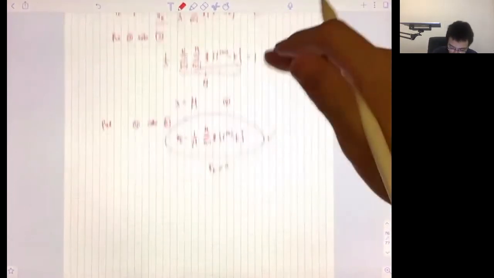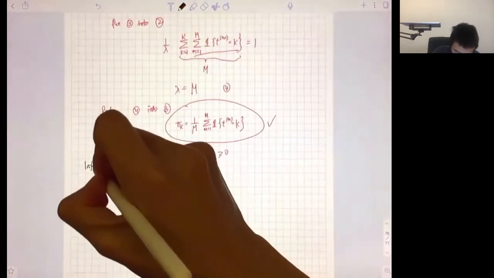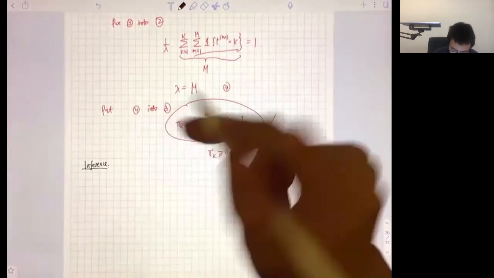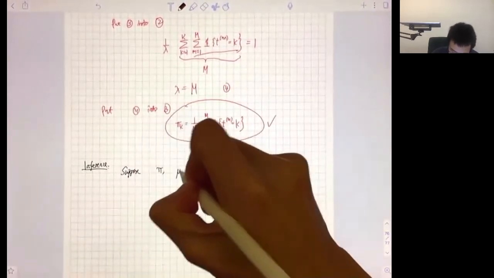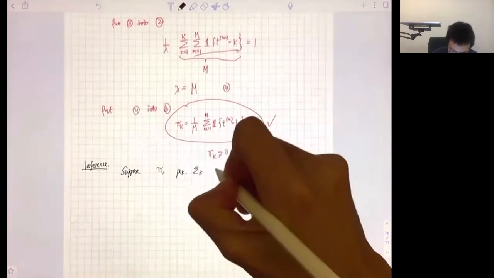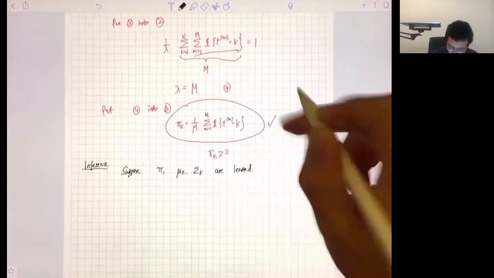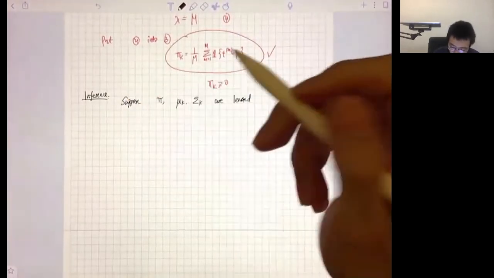Okay, inference. Suppose my pi's and my mu k and sigma k's are learned.